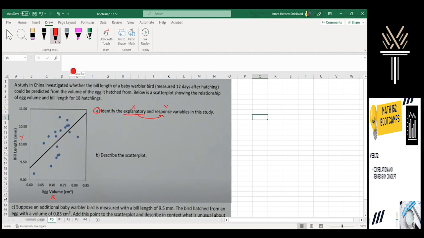And so X is considered what we call the independent variable, while Y is the dependent. In other words, we're trying to say that X can somehow dictate what happens in Y. Maybe not causally, but as X happens, Y should happen as well. So it might just be correlated, but not necessarily causal.